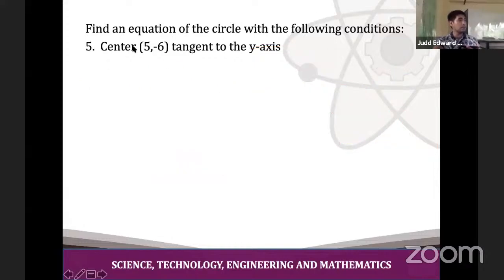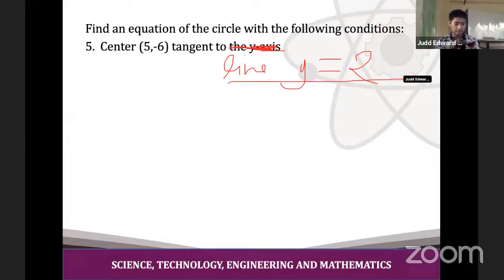What if I have here another condition? What if it is now tangent to a line? And that line has an equation, y is equal to positive 2. Okay. So what do we do if we have here the given like that?